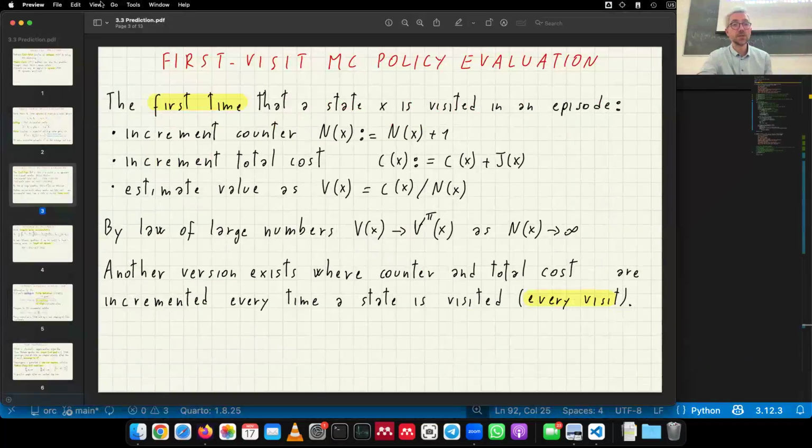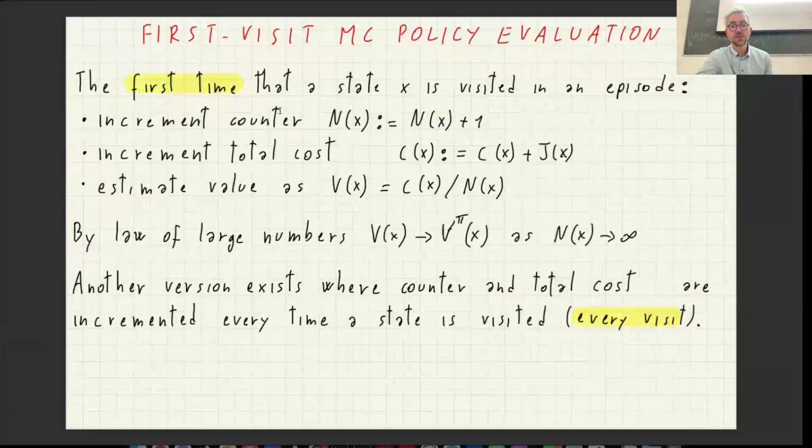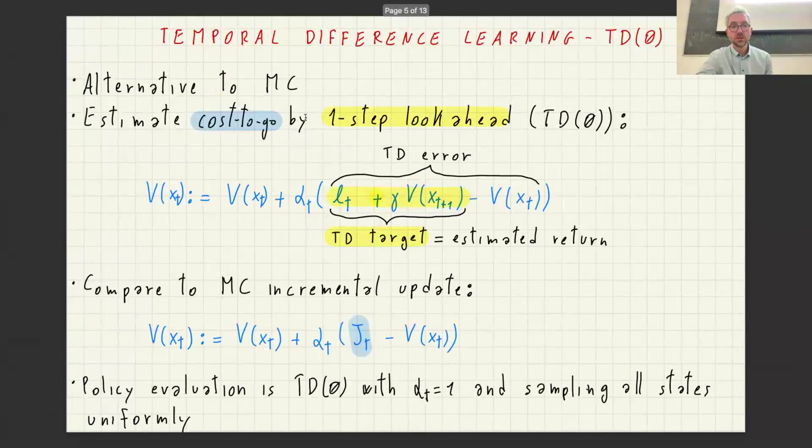We can take a quick look at the slides. So in temporal difference, what you need to implement is basically this equation here for updating the value function, which is much simpler because it doesn't require you to compute the cost to go at the end of the episode. You can just update the value function at each step of each episode. So you need only one for loop, the first one where you run the episode.